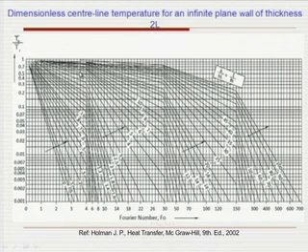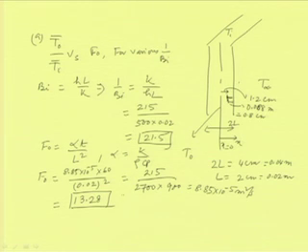So just by using the chart, from the chart we find that T0 bar by Ti bar is nearly equal to 0.55. This is an approximation.